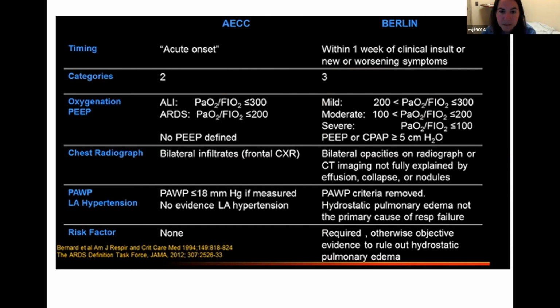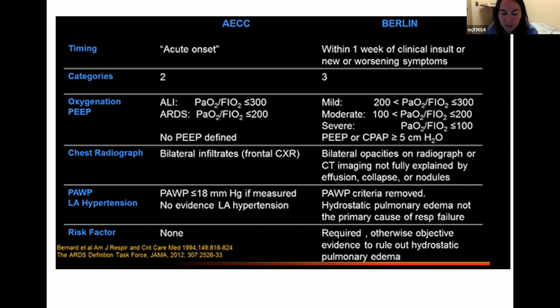So the Berlin definition expanded to 3 different categories of ARDS: mild, moderate, and severe, based on the P to F ratio. And then it also expanded to include opacities identified on CT in addition to chest x-ray.